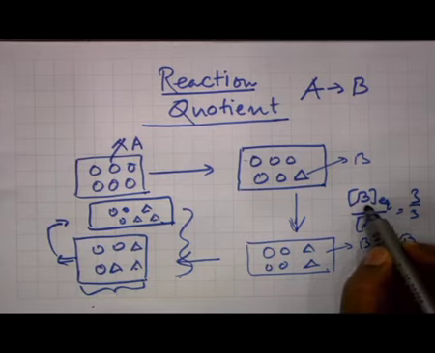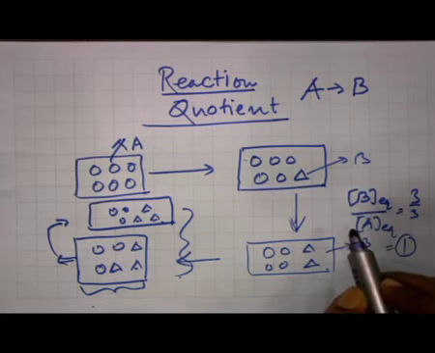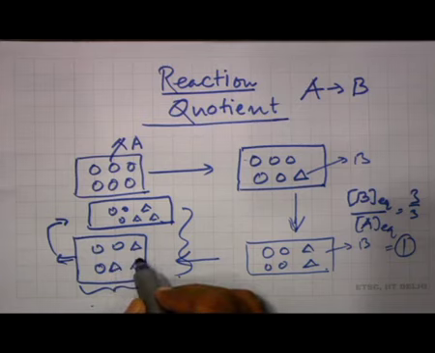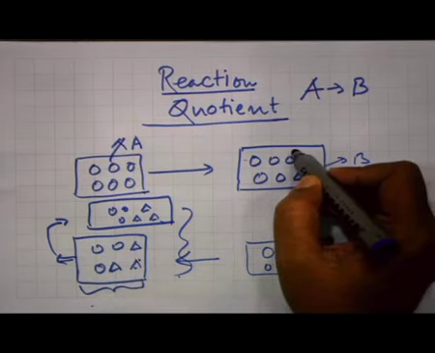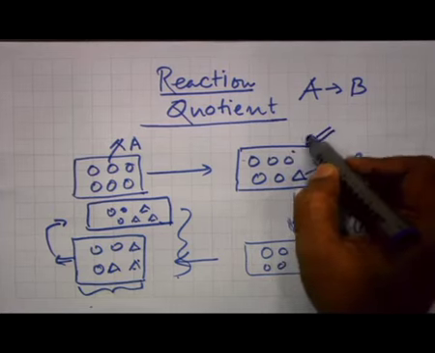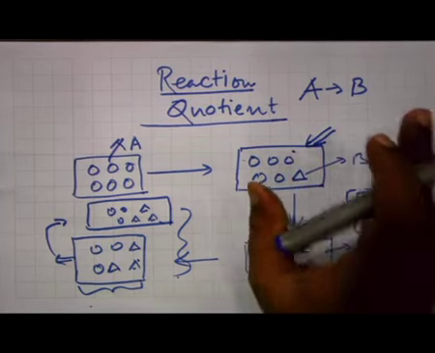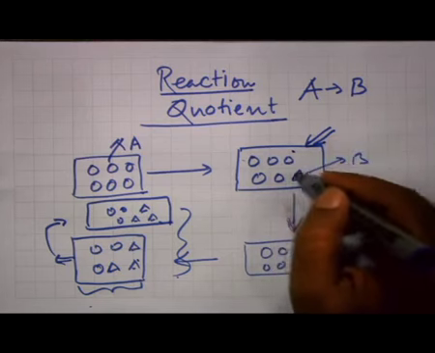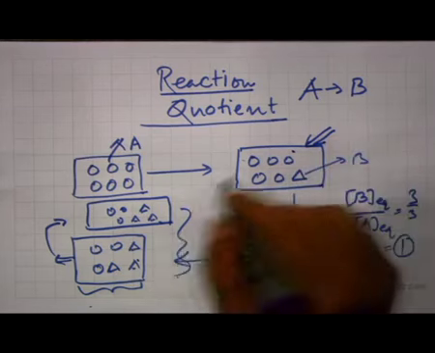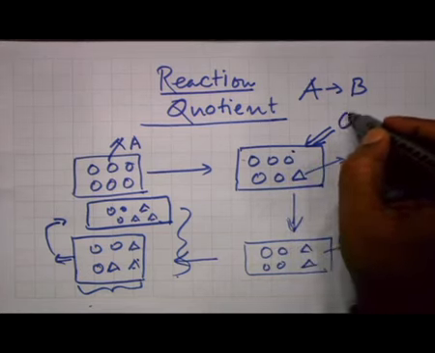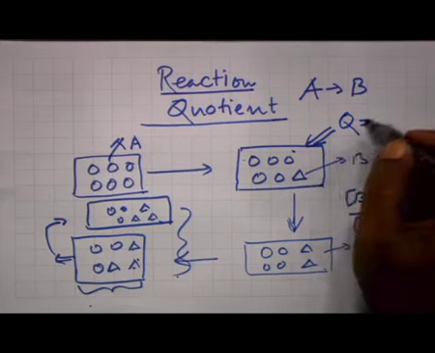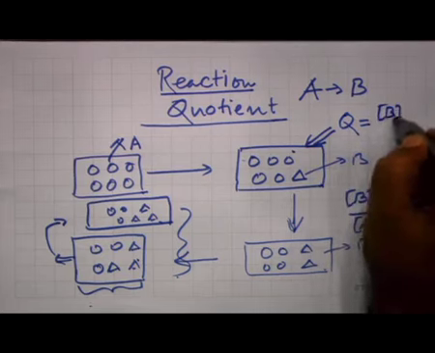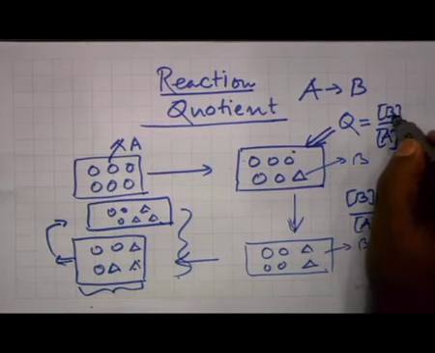Here you must keep in mind that this is the equilibrium concentration of B by A. So, this is the concentration at this point, not at this point, because in this state equilibrium has not been reached. So, this is not the equilibrium concentration of A and B. This is your Q, the reaction quotient, which is again equal to B by A, but now this is not the concentration at equilibrium, this is the concentration at any time.